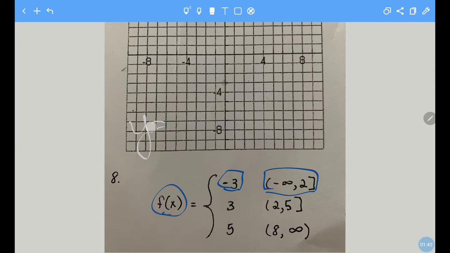So here's y equals -3 right here, okay? So remember, the bracket means it's included. So I'm going to put a little dot here because I want to include it. And then I'm going to draw the line y equals -3. So that's the first part of my graph, okay?